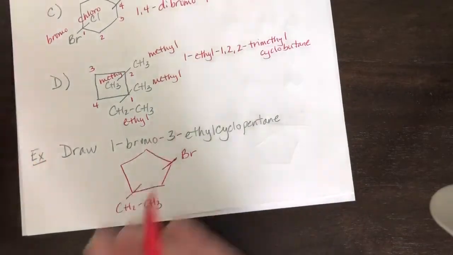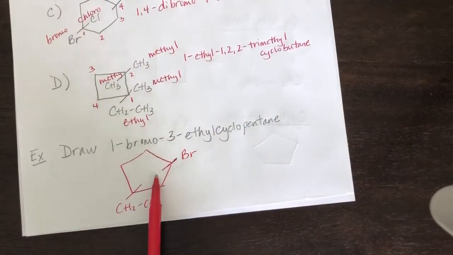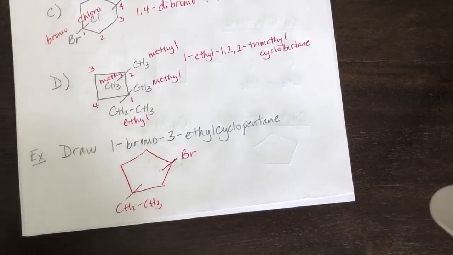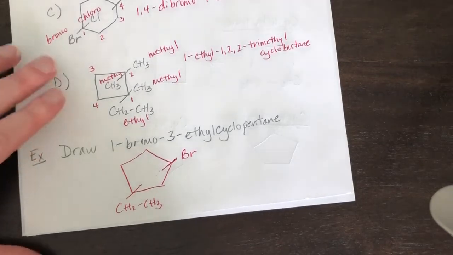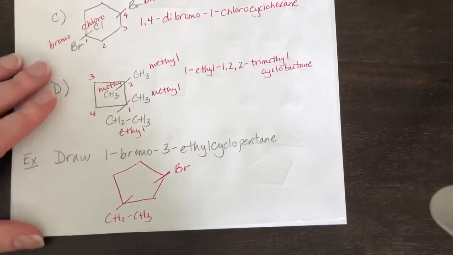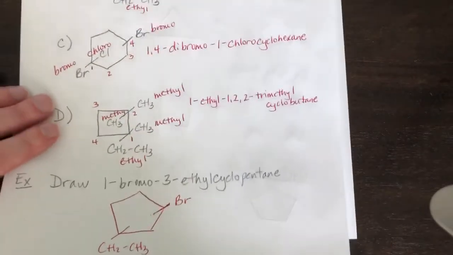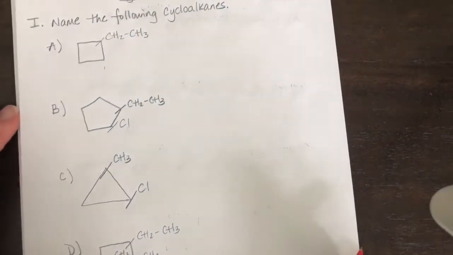These lines represent where things can bond to. If there's nothing there, it's assumed to be a hydrogen, and it can come from either one. As I'm going through the practice problems, I'll go ahead and do those in the same video because this is a rather short lesson.